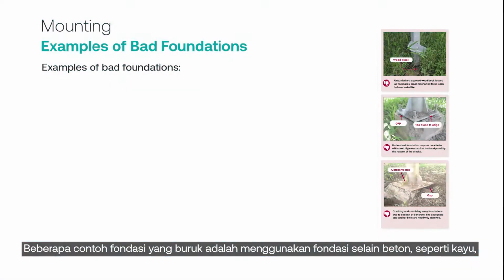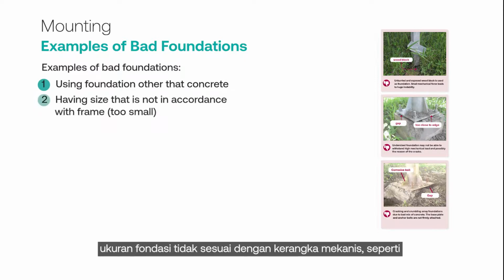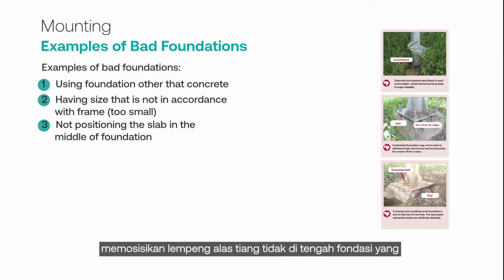Some examples of bad foundation are using foundation other than concrete, for example, wood. Having the foundation size not in accordance with the mechanical frame, for example by having less area that will cause the anchor not to be properly installed on the foundation. Positioning the slab not in the middle of the foundation, that will cause the structure's legs to be unstable.